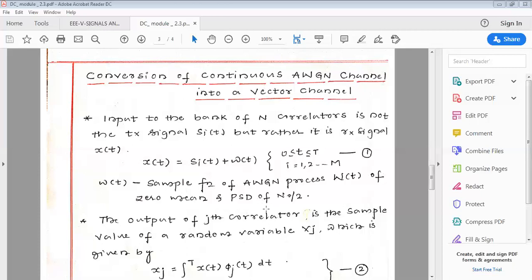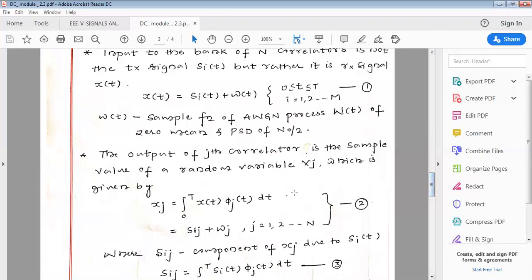The output of the jth correlator is the sample of the random variable xj, which is given by xj equal to the integration from 0 to T of x of t into phi j of t into dt.